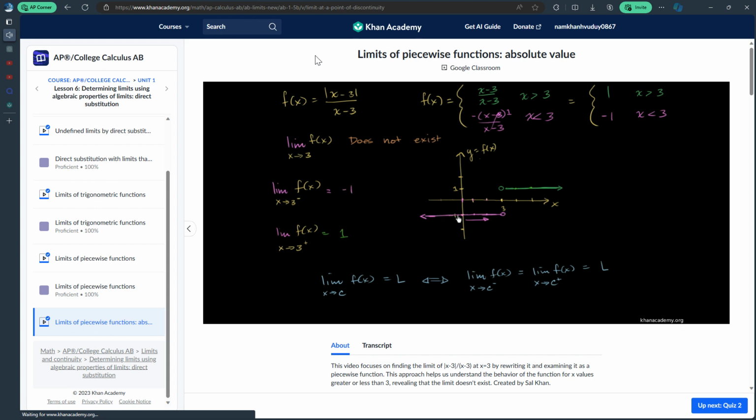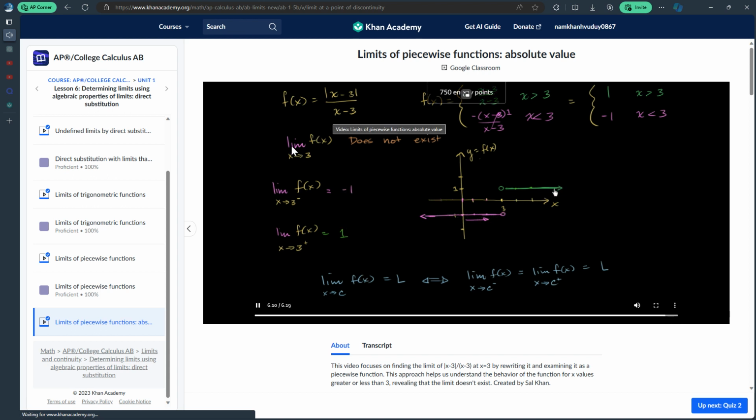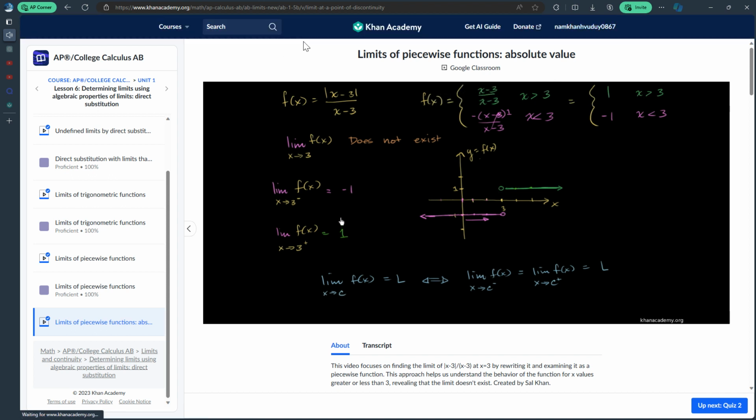The limit when we approached from the left was negative 1. The limit when we approached from the right was positive 1. So we did not get the same limits when we approached from either side. So the limit does not exist in this case.